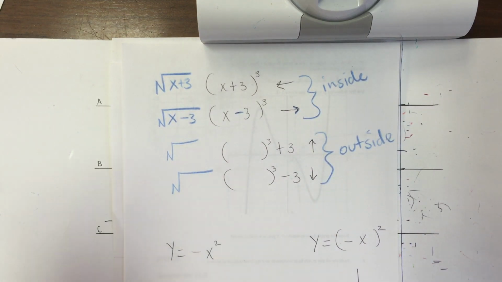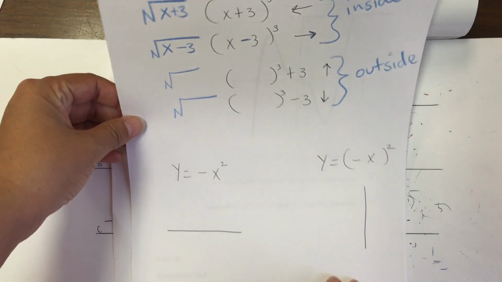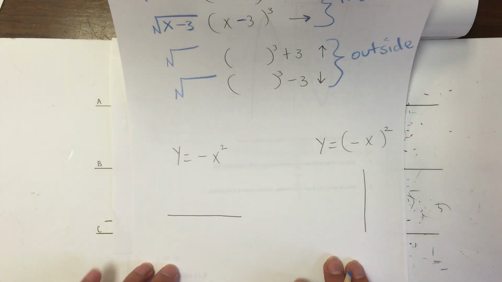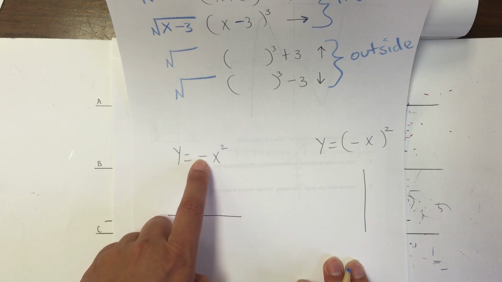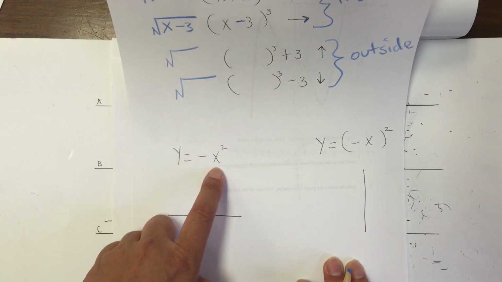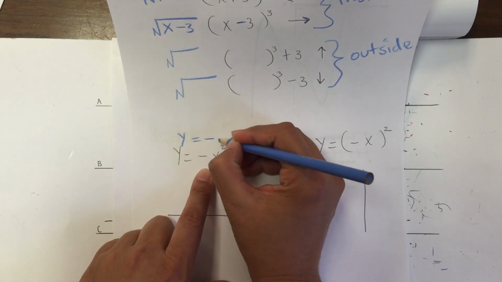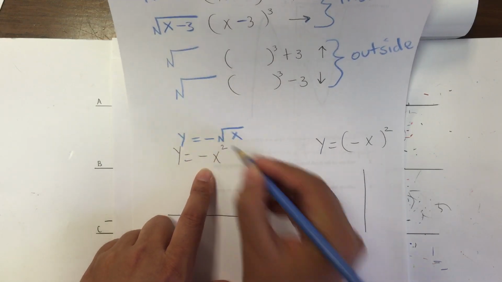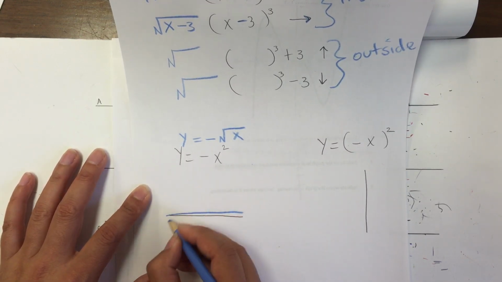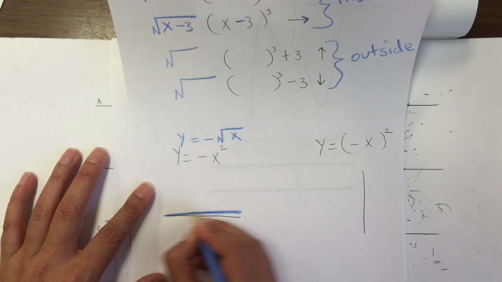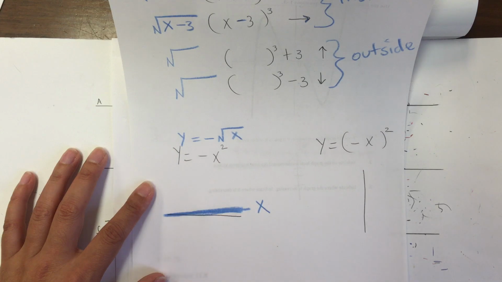Something else that you will need to remember, and those are going to be kind of tricky, and you might start pulling your hair if you don't recall them: whenever we have a negative outside, even for the square root, your reflection, your line of symmetry, is going to be the x axis.